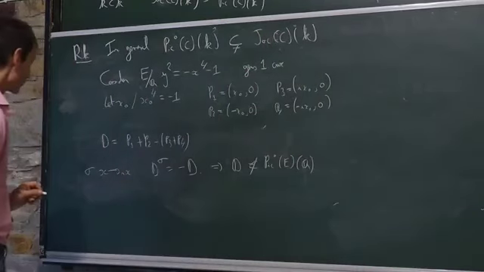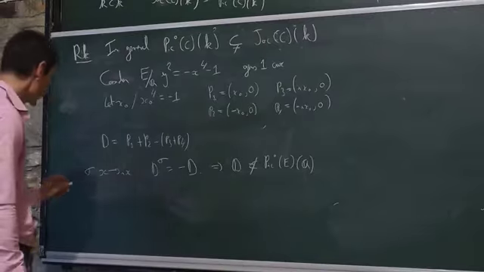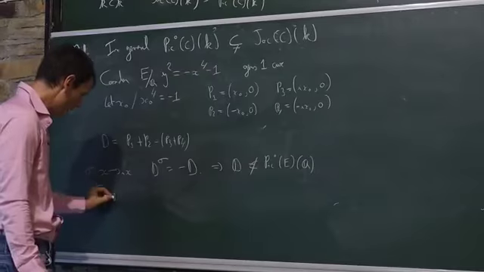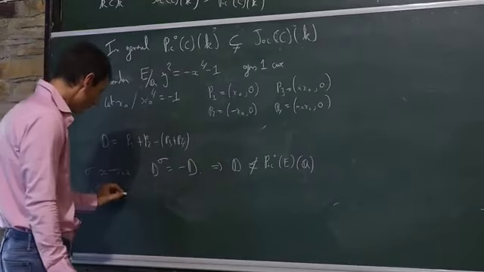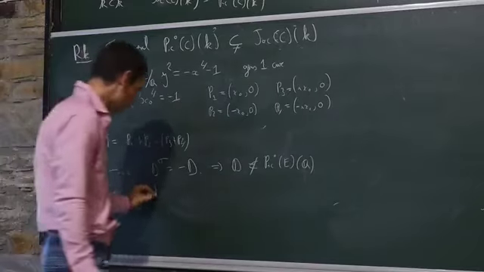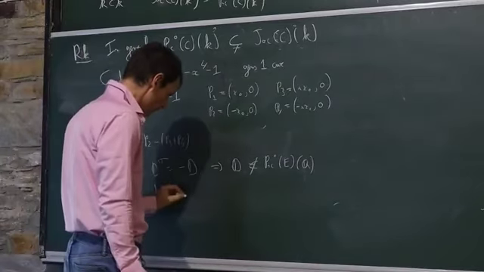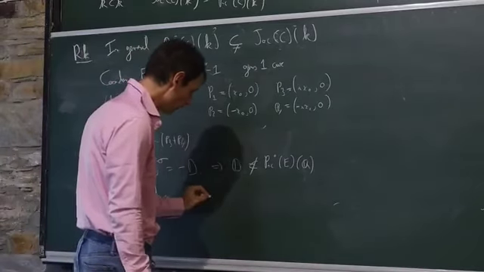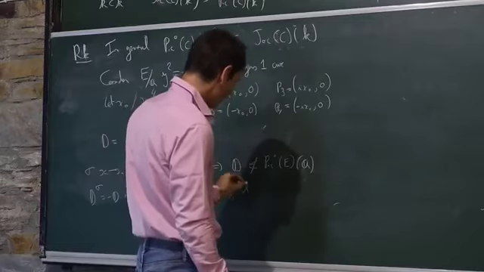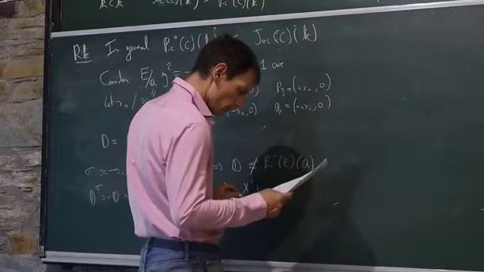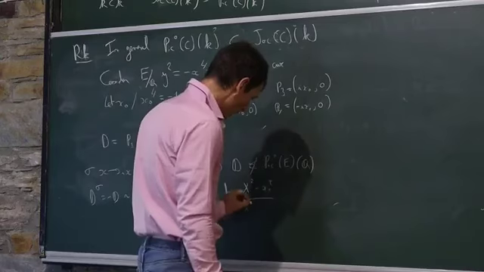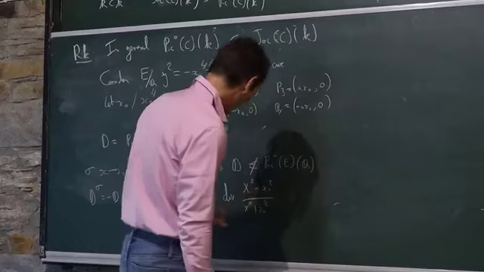However, what I can see also is that D sigma, which is minus D, is linearly equivalent to D, because if I take 2D, 2D is going to be the divisor of the function (x squared minus x0 squared)(x squared plus x0 squared).